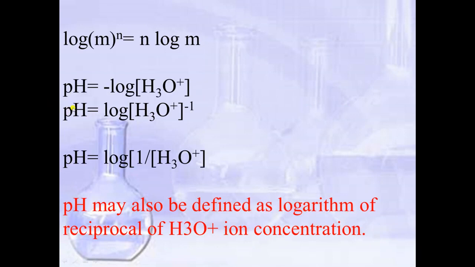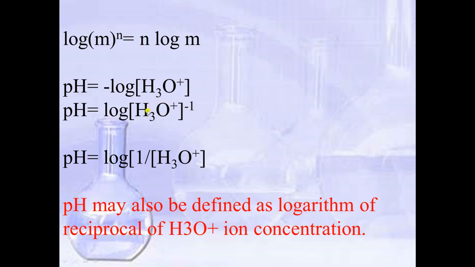Now the formula of pH is equal to minus log of hydronium ion concentration. Now this formula is in the form n log m. So can you write this form in this way? Here this is the power. If we keep the power here, then this formula will become log of H3O positive, and its power will be minus 1. This is n, so here we write n, that means m to the power minus 1.